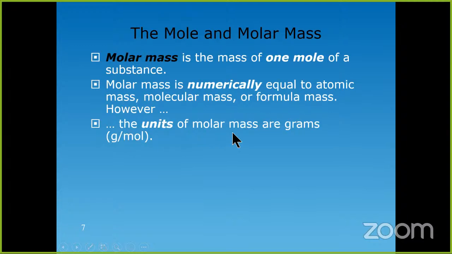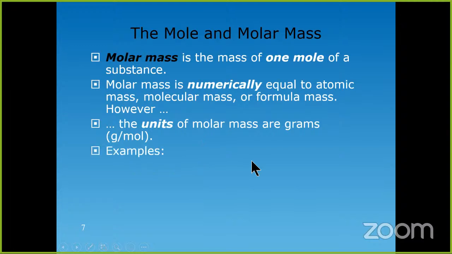However, the units of molar mass, as I said before, would be expressed in grams per mole, whereas the units of the atomic mass, molecular mass, and formula mass would be AMU, all right? So numerically, the molar mass is the same as each of these here, but the units would be different.